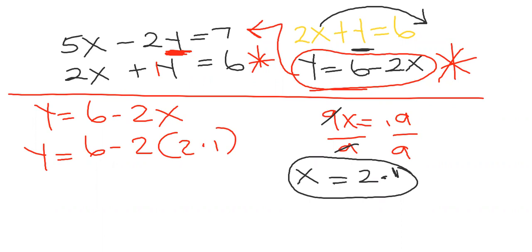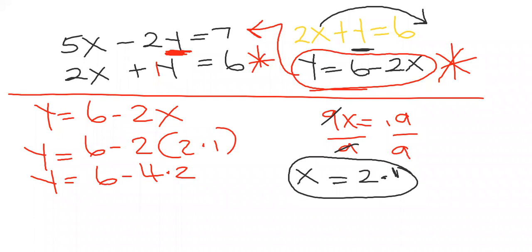Then continue simplifying, remove the brackets. So y is equals to 6 minus 2 times 2.1. 2 times 2.1 gives us 4.2. So work that out.